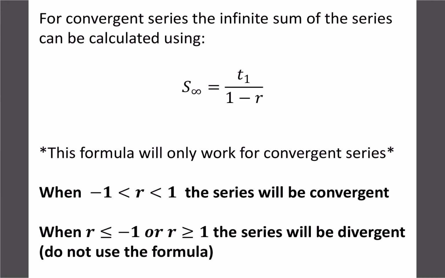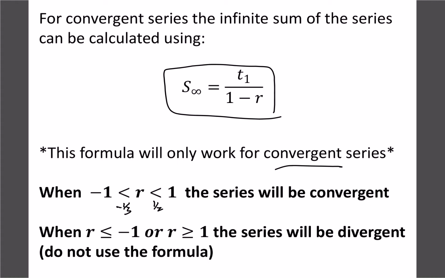So if they're convergent, and this formula only works for convergent, then we can actually calculate the sum pretty easily. We write it as S infinity. It's just to show that it's an infinite sum. We need term 1 and we need our ratio, and that's it. So remember, this only works for convergent. And so if our r number is less than 1, which means a half, a third, or so on, it could be negative, like negative a third.